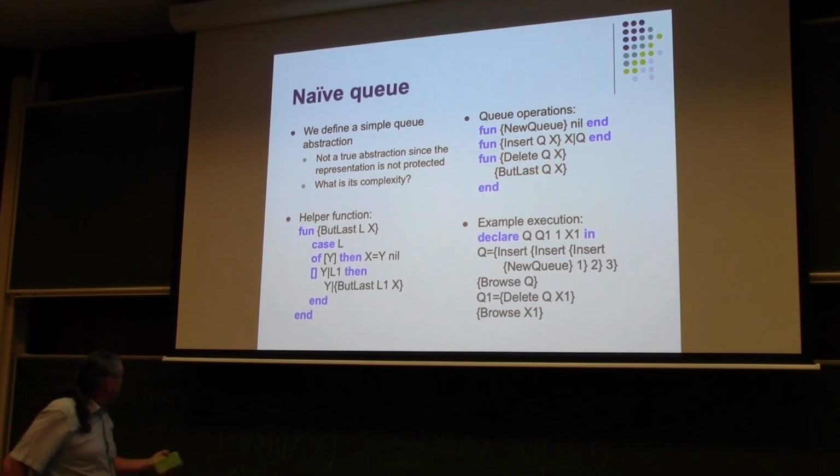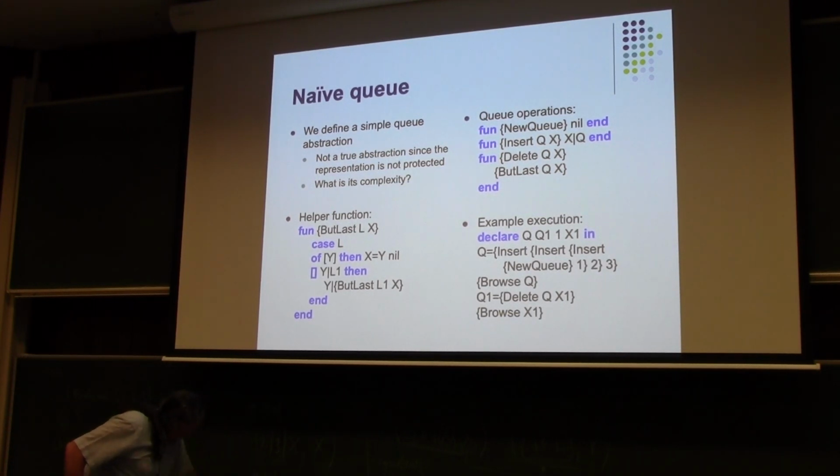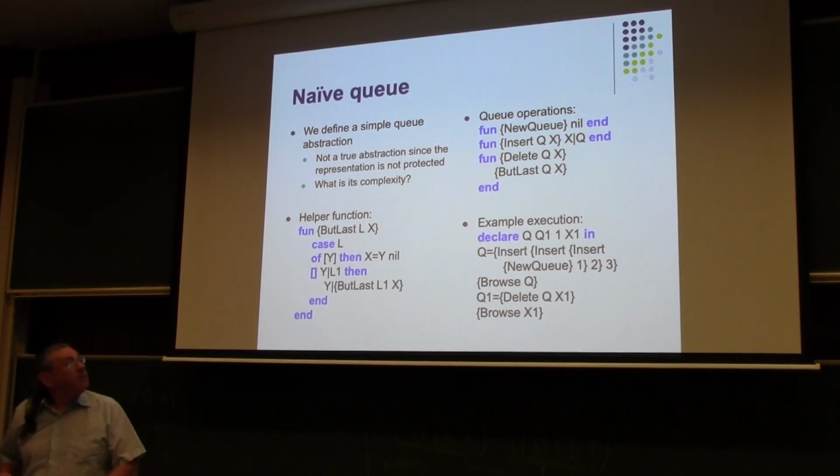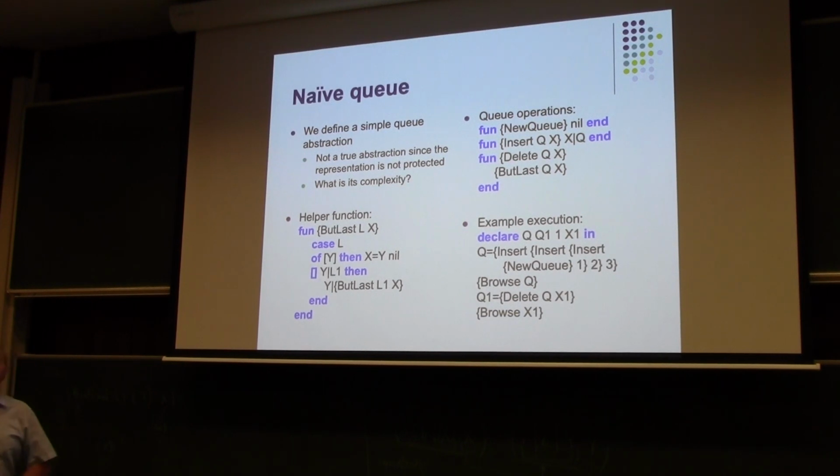The insert and the delete. Well, the insert is constant time, but the delete is doing this but_last function, so it depends on the size of the queue. So if the queue has n elements, it's going to be n.